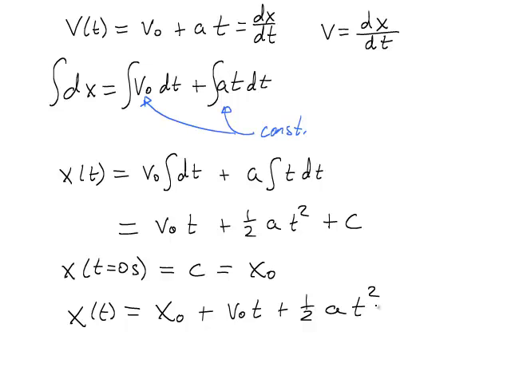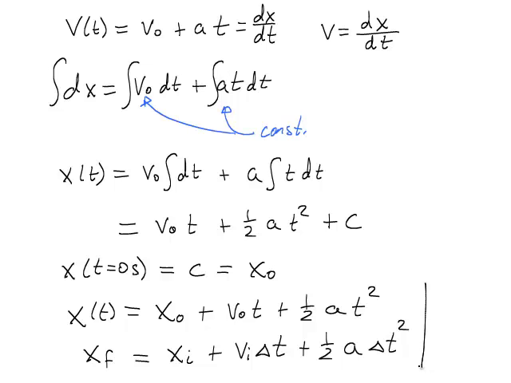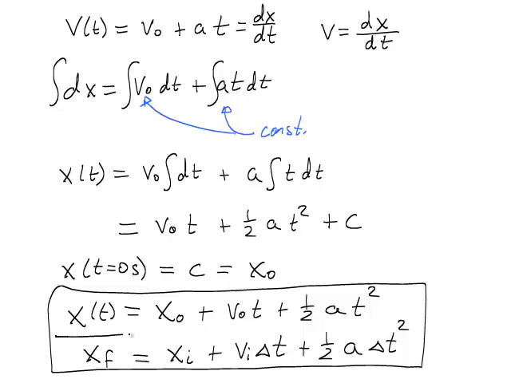Now, some books write this a little differently, and they write this as x final, where I end up, is equal to where I started, x initial, plus my initial velocity, the elapsed time delta t plus 1/2 my acceleration times the elapsed time delta t squared. And this is my next kinematic equation.